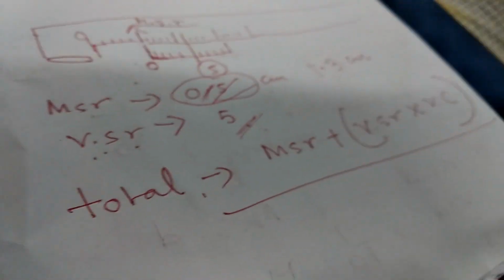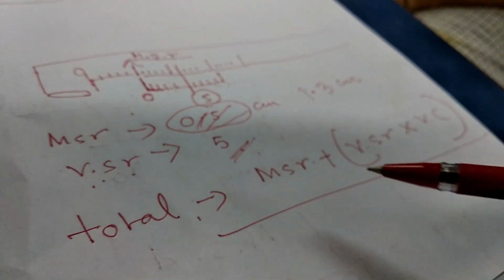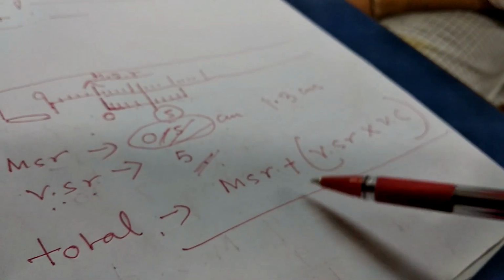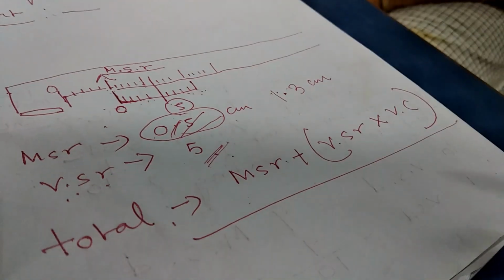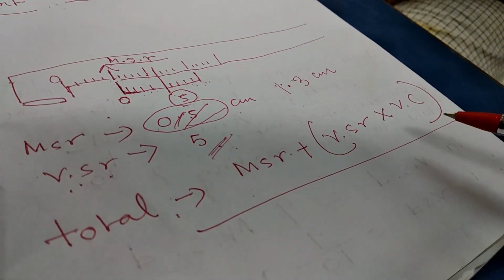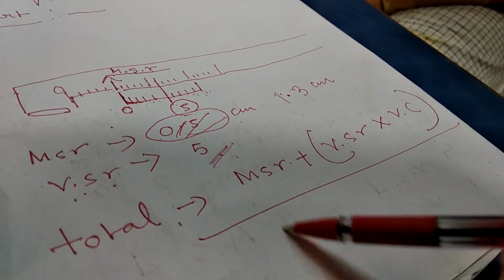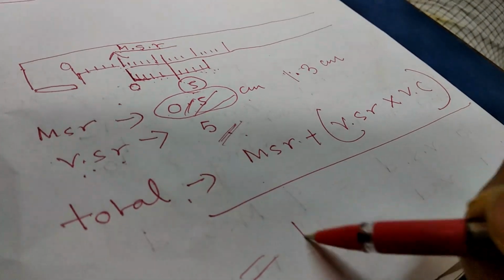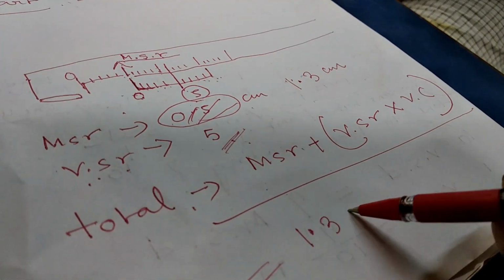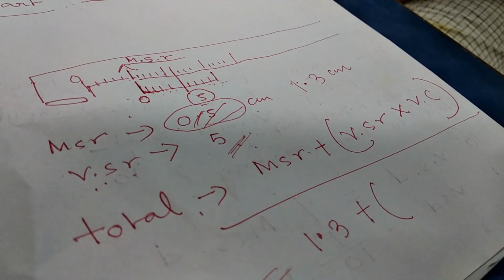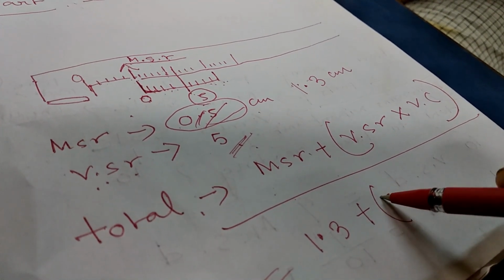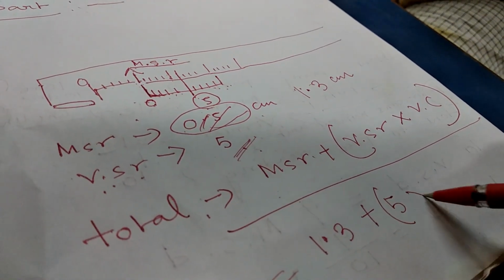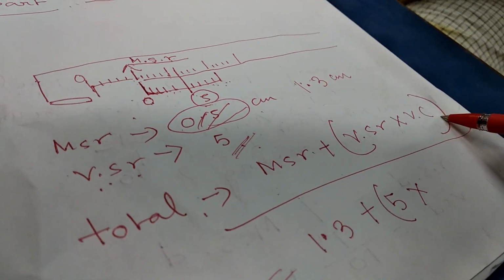So what will be the total reading? The total reading will be main scale reading plus vernier scale reading into vernier constant. Main scale reading we have got 1.3 centimeter plus vernier scale reading, I told you without unit, just division, simple, 5 divisions into vernier constant.